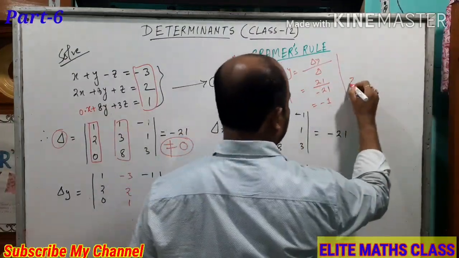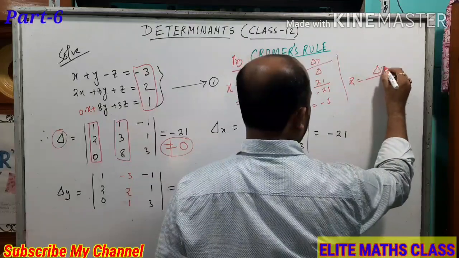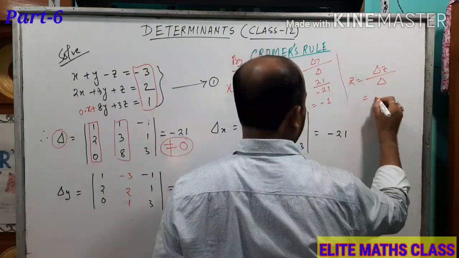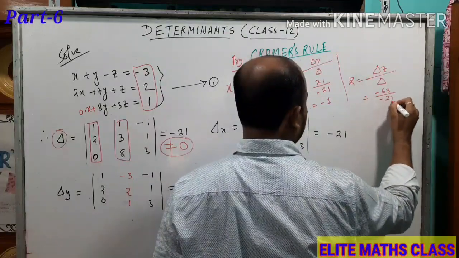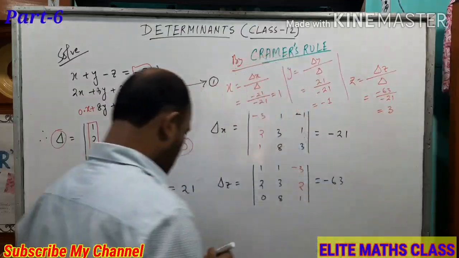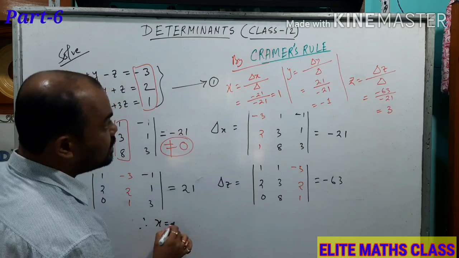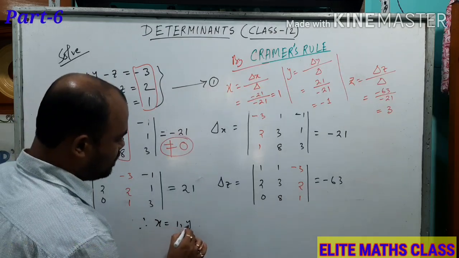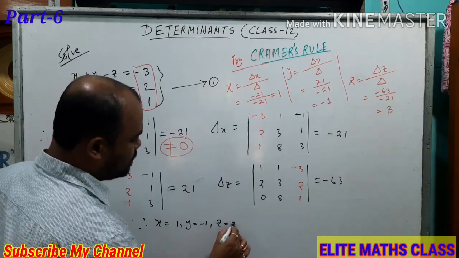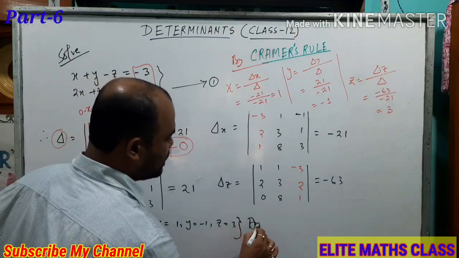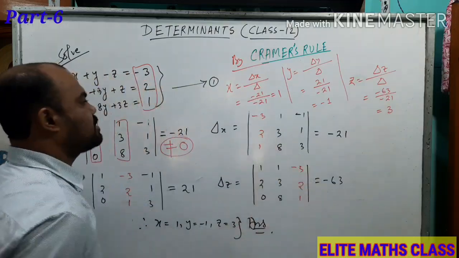So what will be the value of z? Z will be del z by del. Del z is minus 63, by minus 21 it is 3. So the answer is therefore x equal to 1, y equal to minus 1, z equal to 3 is the solution of the given system of equations.